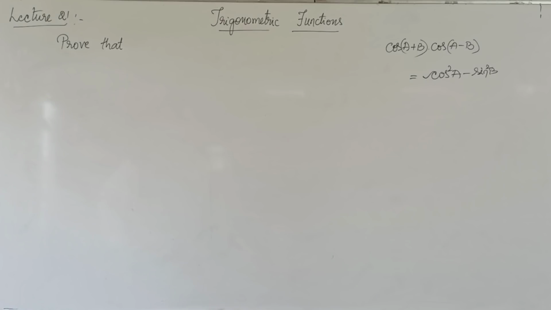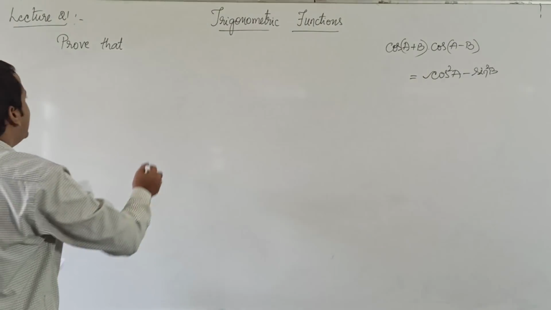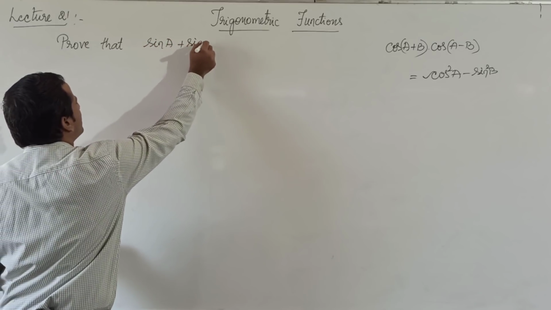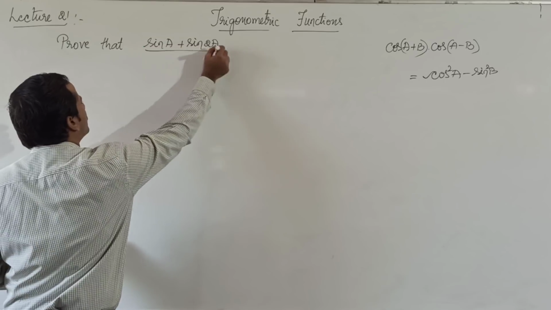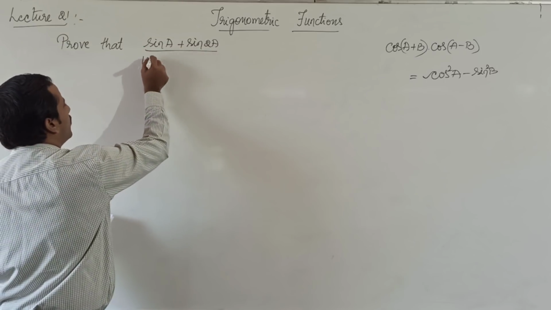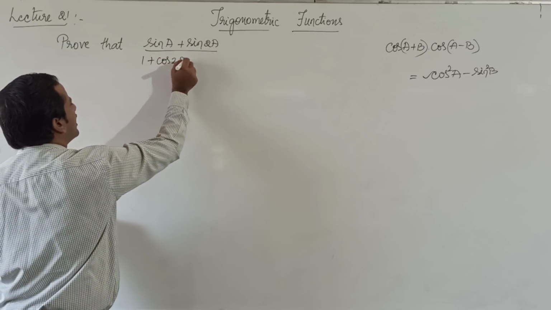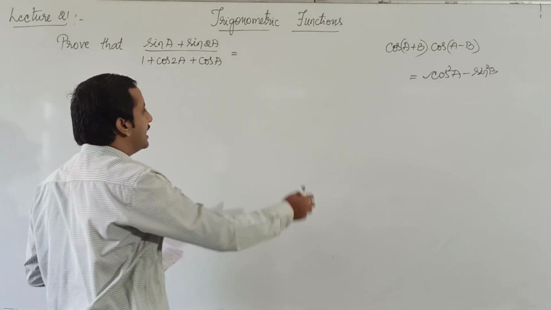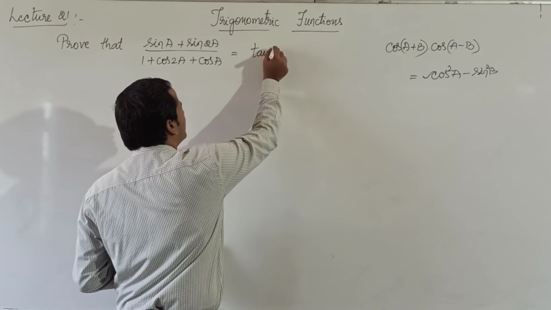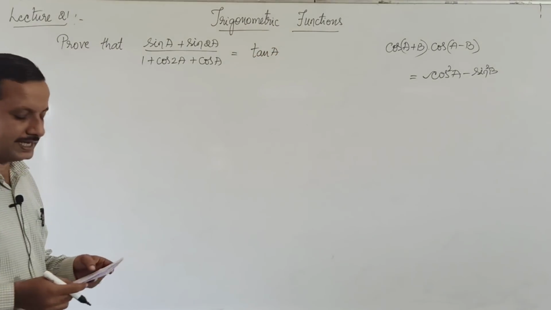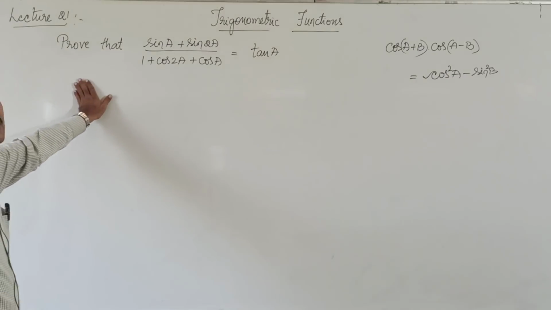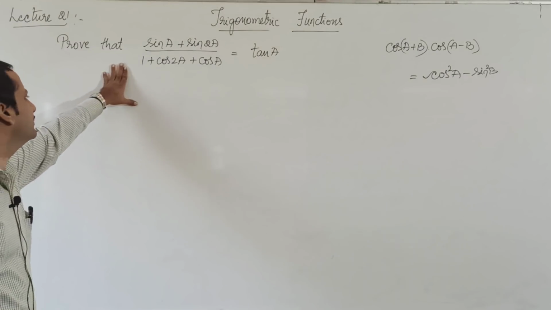Prove that sin a plus sin 2a divided by 1 plus cos 2a plus cos a is equal to tan a. Let's show that sin a plus sin 2a divided by 1 plus cos 2a plus cos a is equal to tan a.